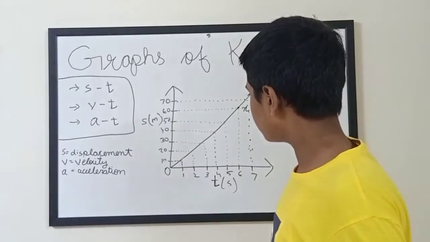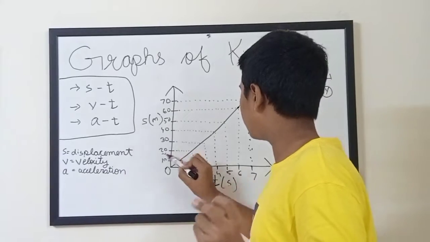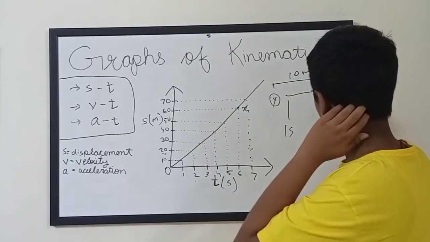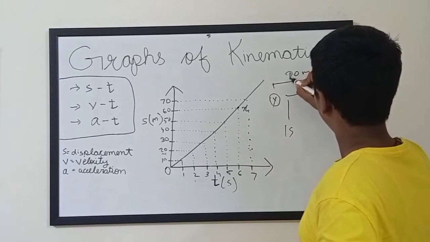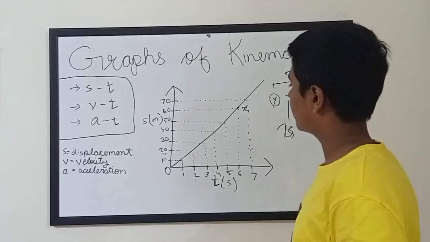Here a distance of 20 meters is covered by the body in 2 seconds. Now if the body goes another 10 meters, it will cover it in another 1 second.